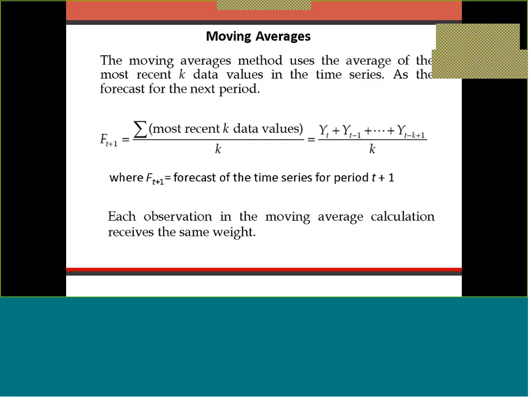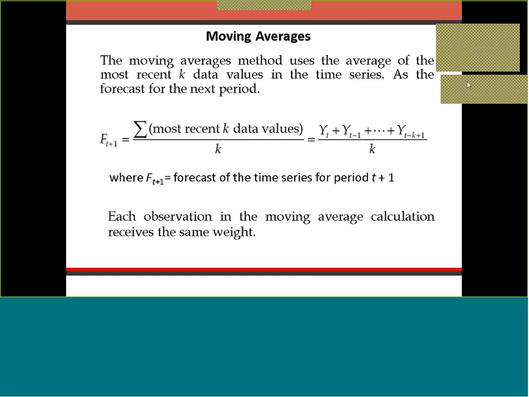They are called smoothing methods because their objective is to smooth out the random fluctuations in the time series. They are most appropriate for short range forecasts. So how do you calculate the moving average? The moving average method uses the average of the most recent K data values in the time series as the forecast for the next period. Each observation in the moving average calculation receives the same weight.